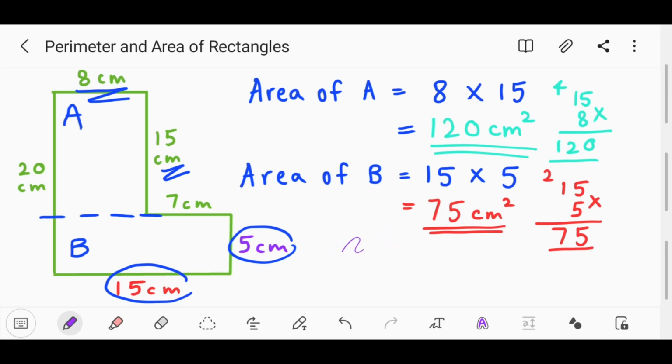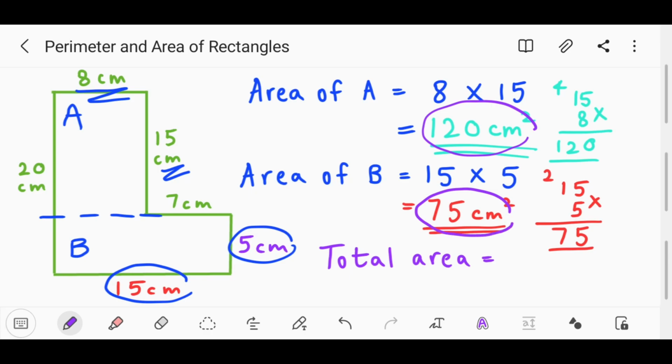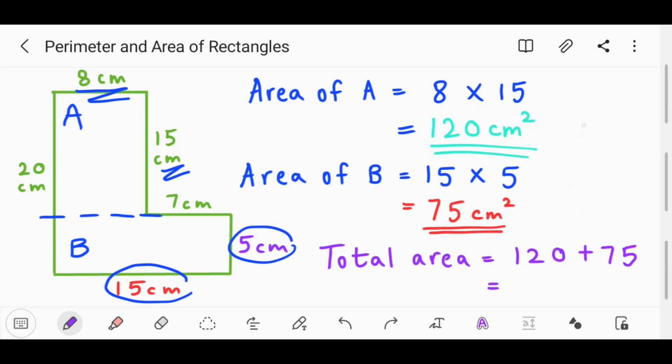Now that we have the area of A and the area of B, we can find the total area by adding them up. So 120 plus 75. I'm going to do this addition working in the side as well.